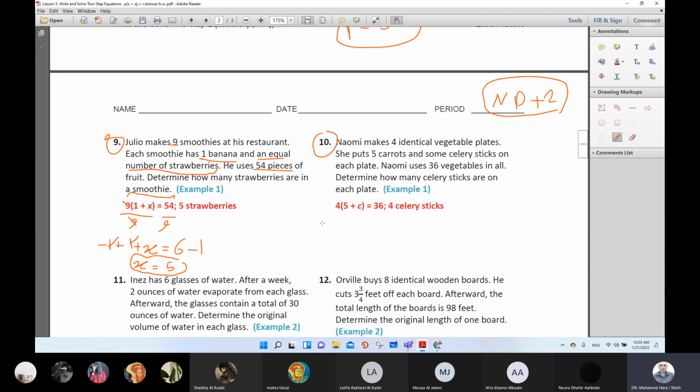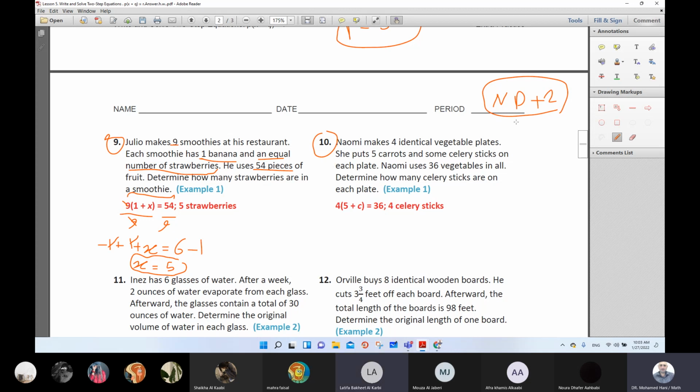Who can read exercise number 10? Hajar, are you here? Yes, mister. Can you read number 10, please?